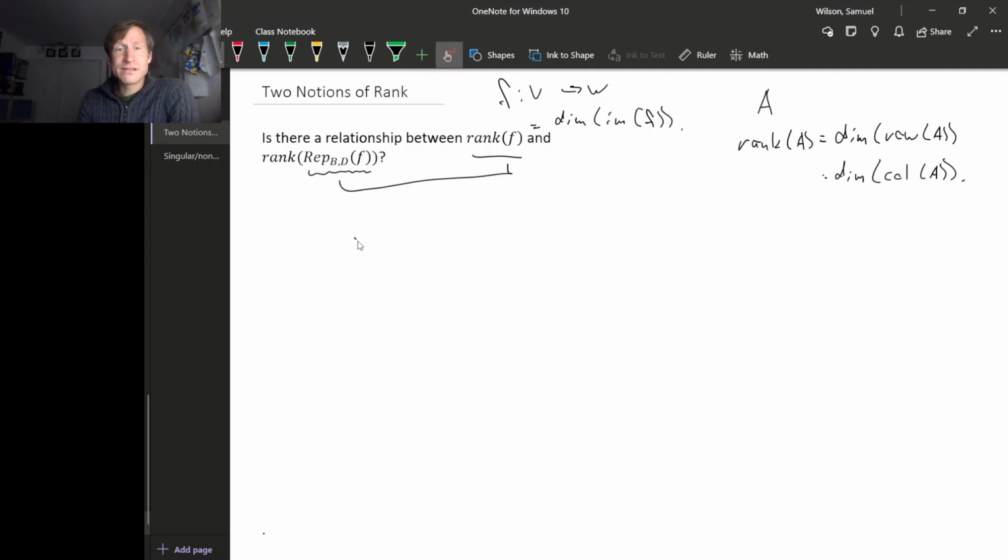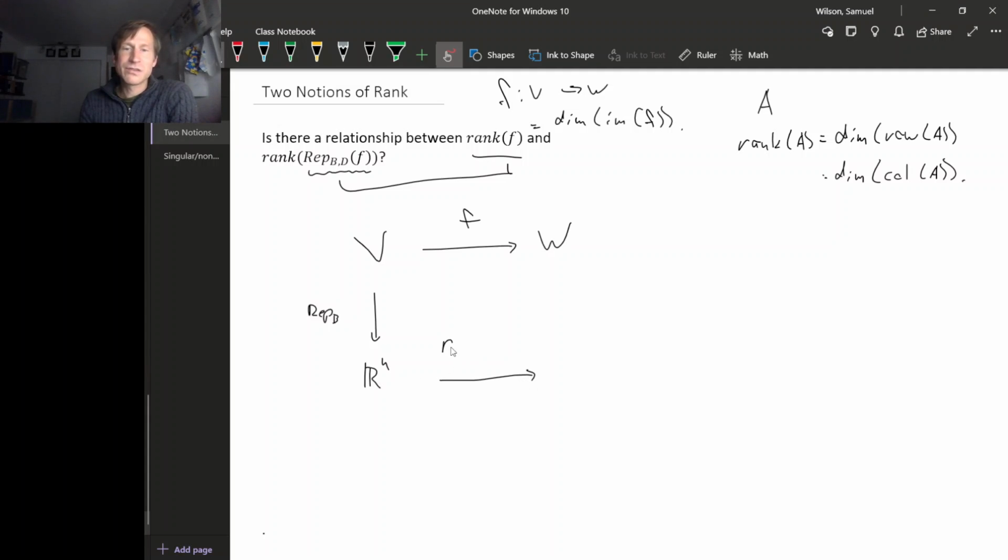To do that, let's remember this diagram that we've set up where we have our domain space V, we have a function, our linear map, and our codomain W. Rep B is an isomorphism to Rn.